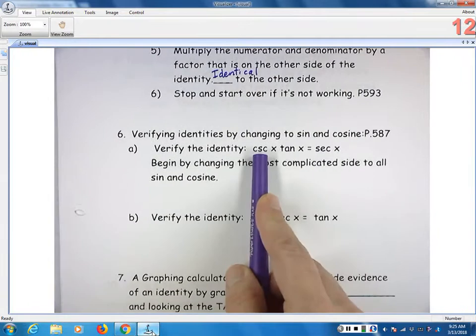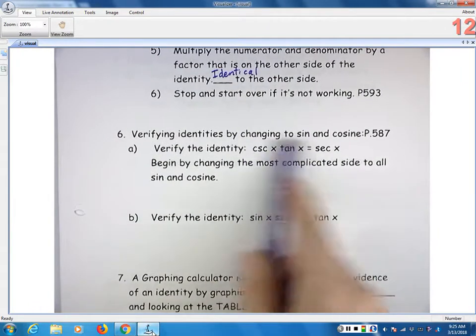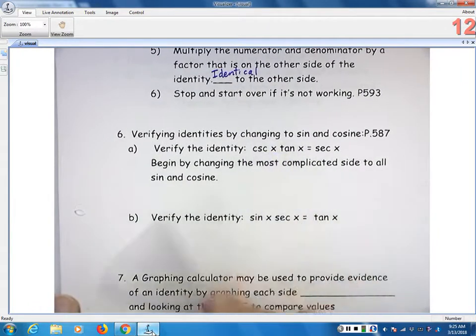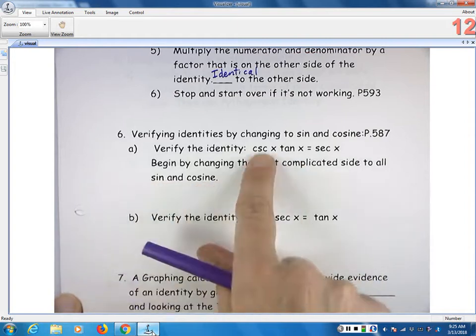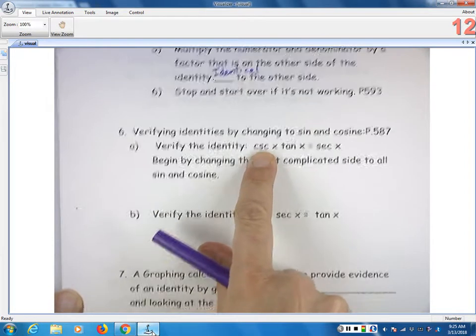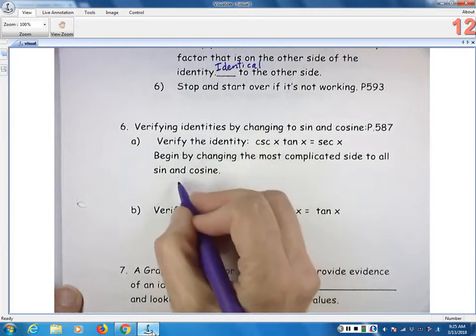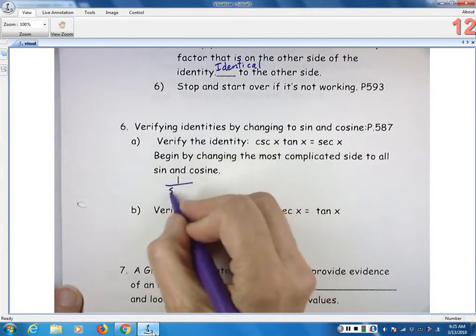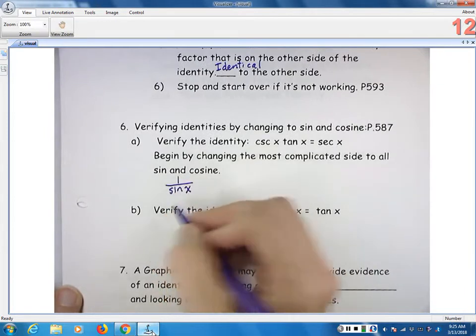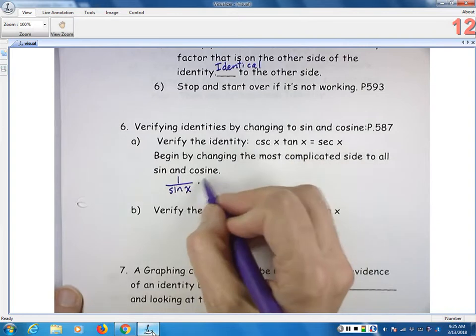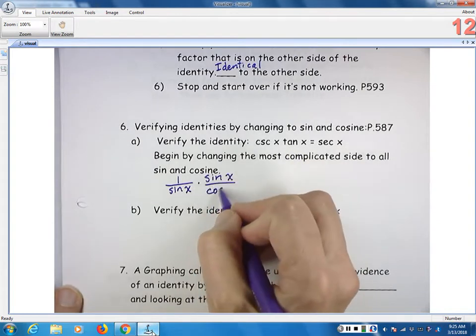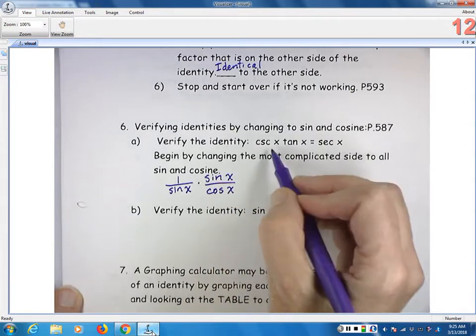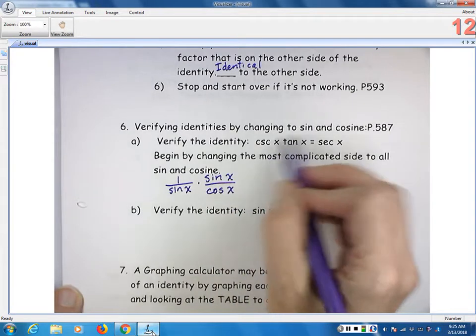So this is the more complicated side, so I'm going to change it to all sine and cosine. Cosecant is 1 over sine x. Tangent is sine x over cosine x. I just changed the left side of the equation.